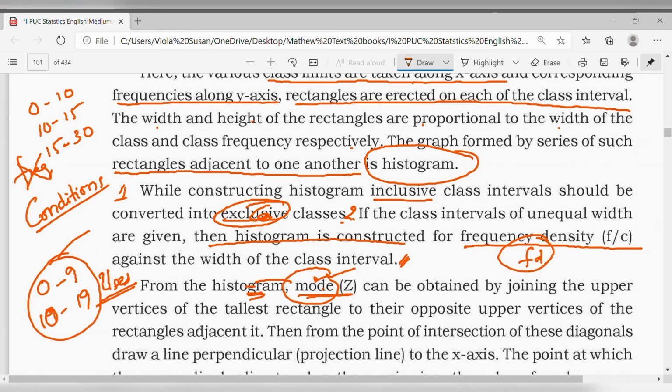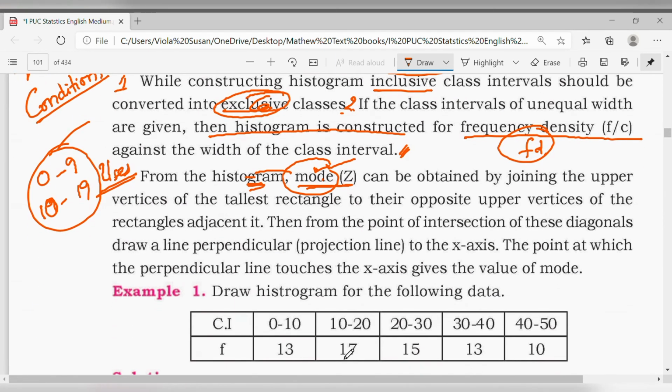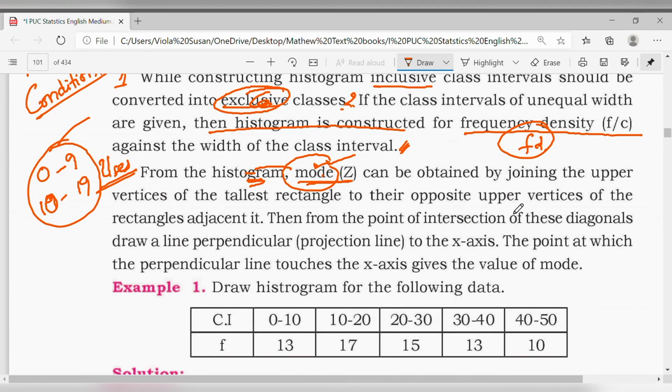This is one. Apart from this, we can also draw the rest of the graphs. What are the rest of the graphs? We have the frequency polygon. With the help of a histogram, we can draw a frequency polygon. We can also draw a frequency curve, students.